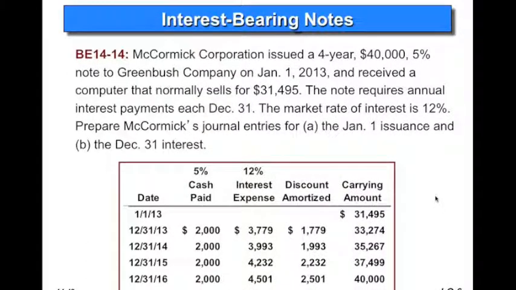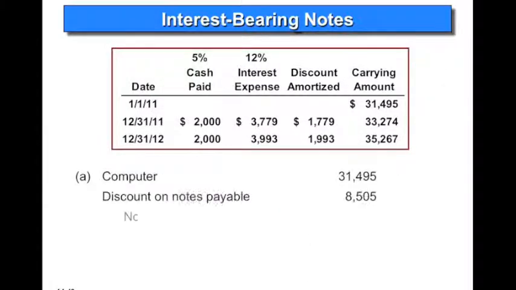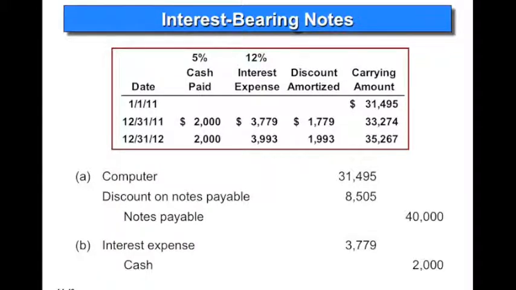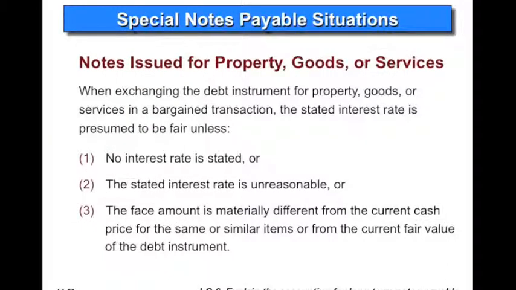Booking out the note, we have a similar table here. Discount being amortized, we have an expense that we're dealing with, and we have similar journal entries that we're working with.